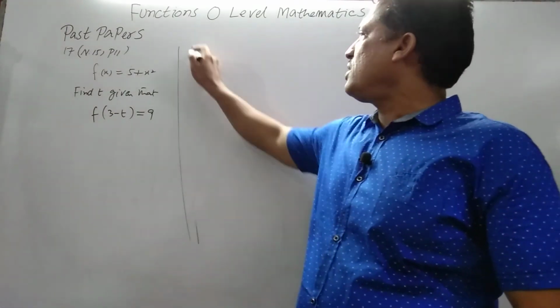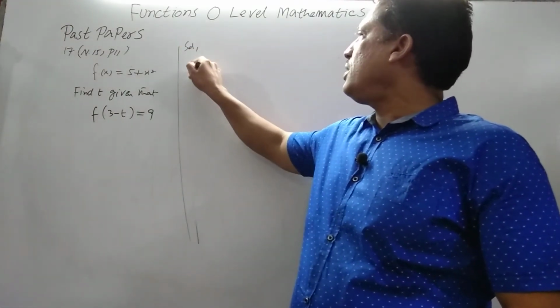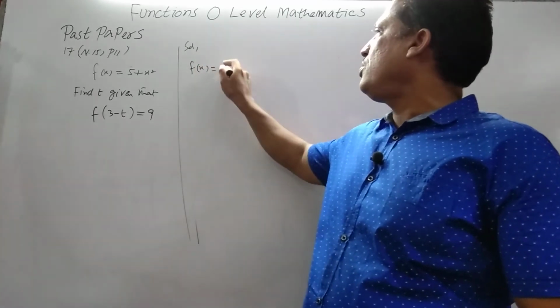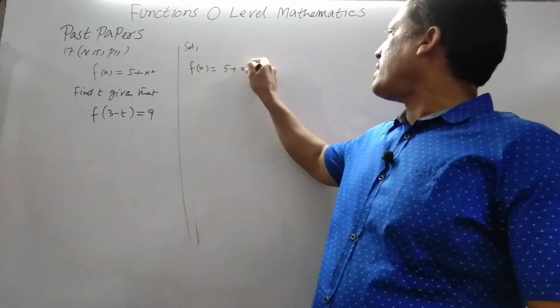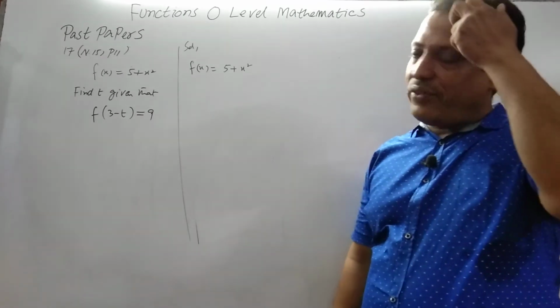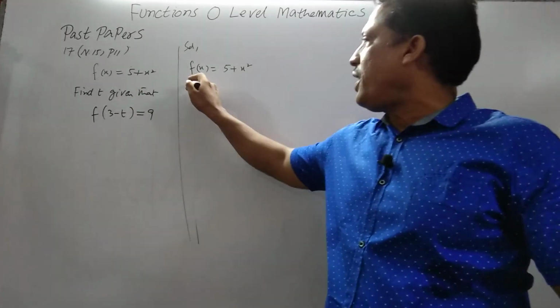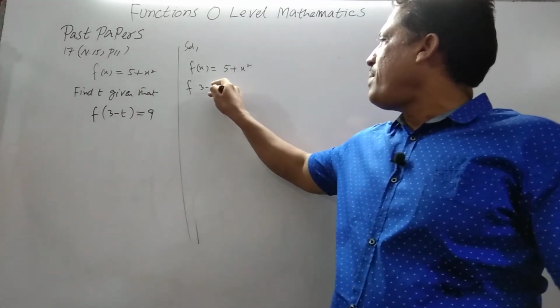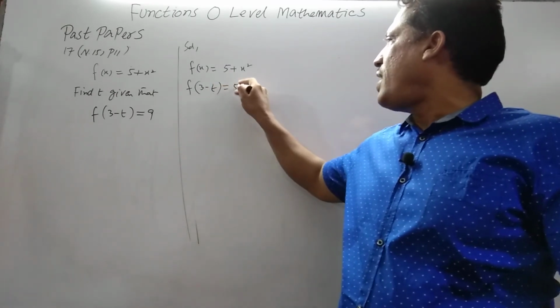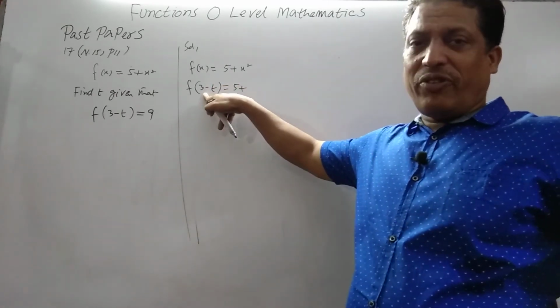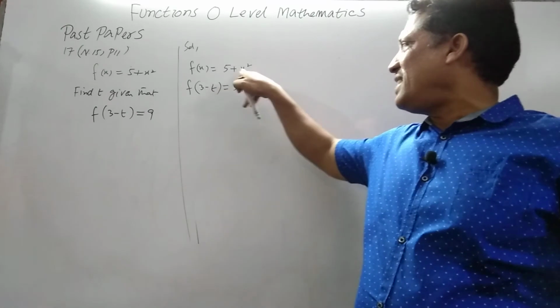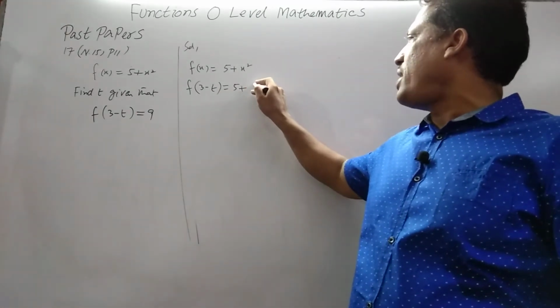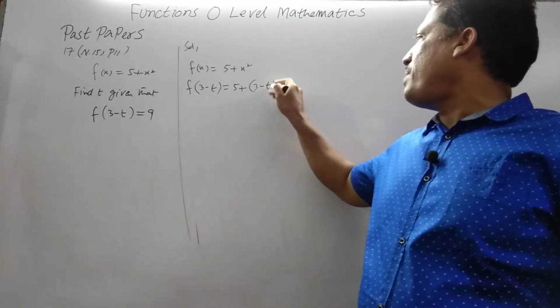Students, first the solution: f(x) equals 5 plus x square. First we have to find f of (3 minus t). f of (3 minus t) is equal to 5 plus... we have to put 3 minus t where we see x. Here is x square, so it will become (3 minus t) square.